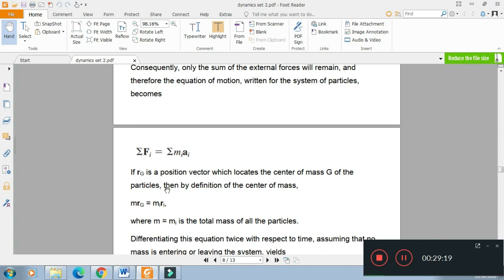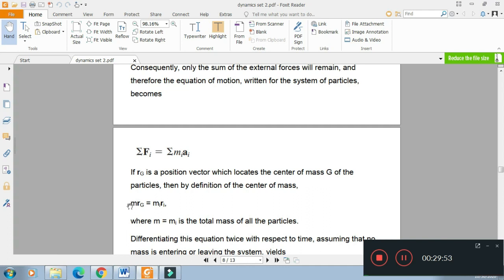From the previous figure we saw that Rg is the position vector and G is the representative location for the system of particles. For the entire object, G is a reference location. So mRg will be equal to summation mi ri. Here the summation is missing. So summation mi ri will give M multiplied by Rg.